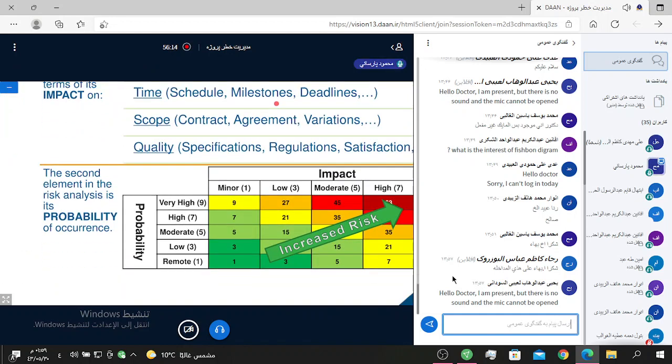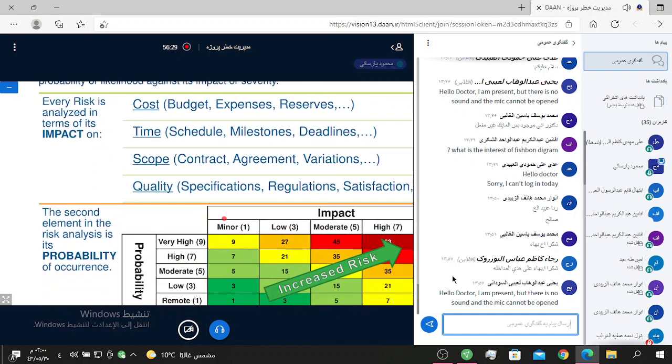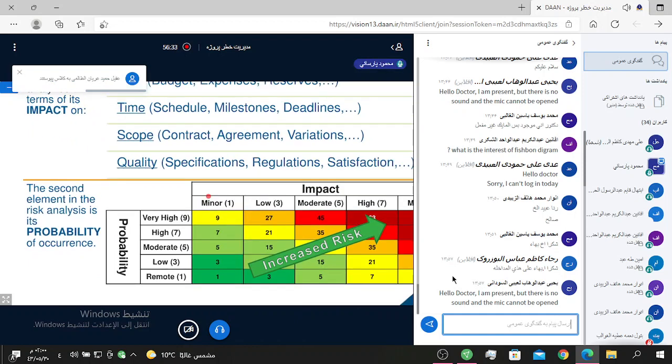So the next part in this slide, the second element in the risk analysis, is its probability of occurrence. And this is the matrix of probability impact. We know it.